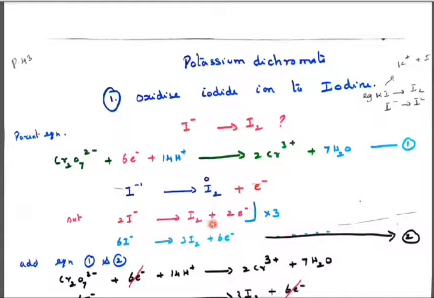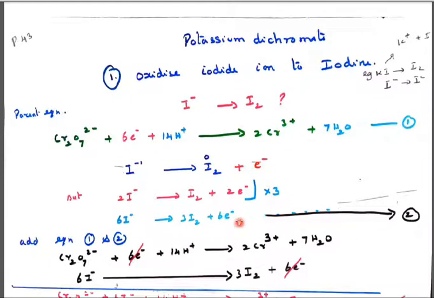Or it is very easy: multiply this full equation by 3, and immediately you get 6 electrons. Here there are already 6 electrons. Any one method you can follow. So 2I minus gives I2 plus 2 electrons. Multiply by 3: 6I minus gives 3I2, plus 6 electrons. This is the second equation.